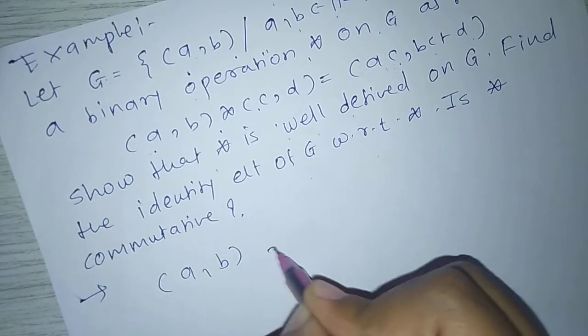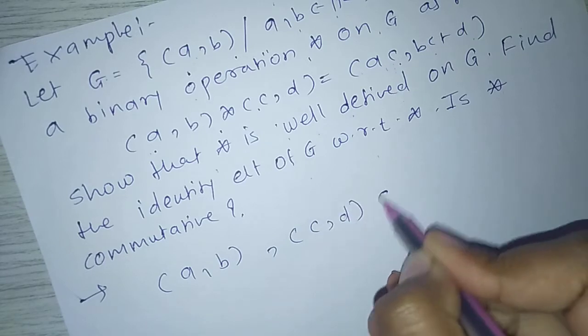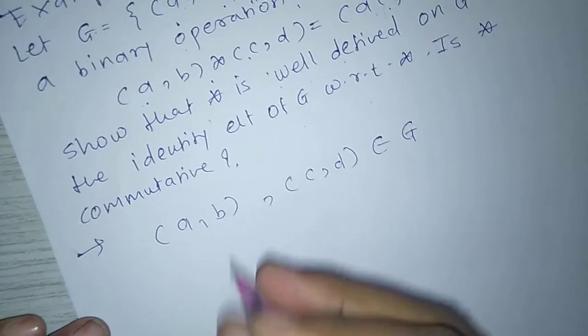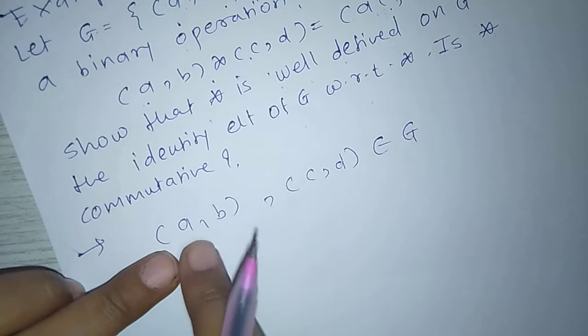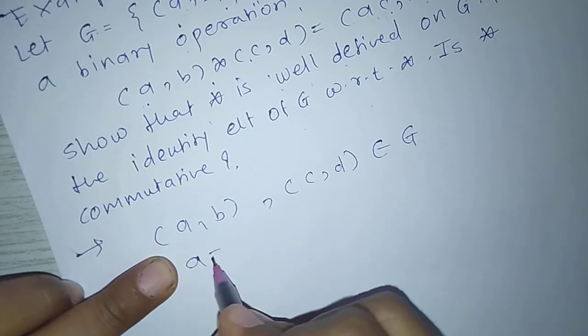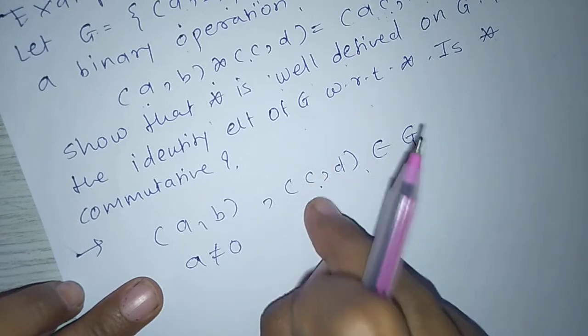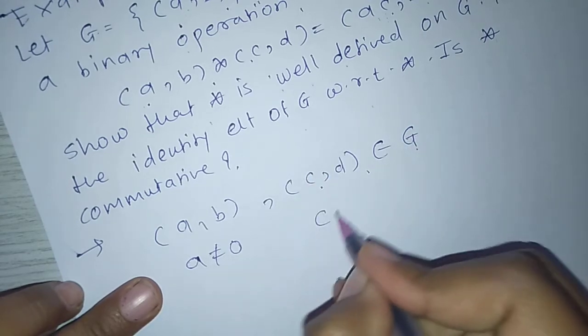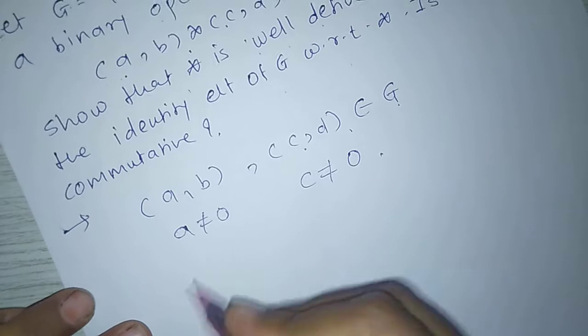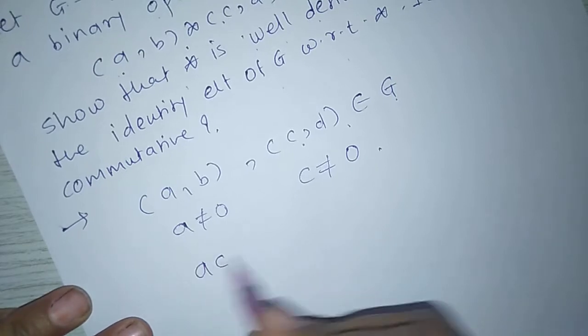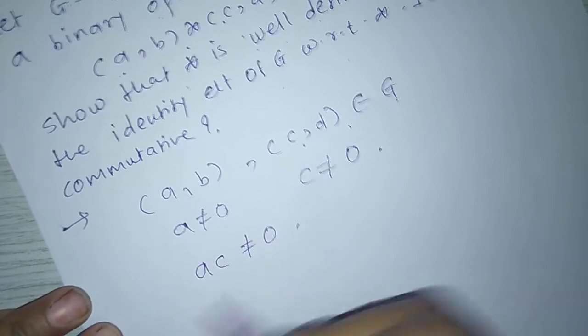(a, b), (c, d) belong to G. (a, b) belongs to G means the first entry of this bracket, a, is not equal to 0, and (c, d) belongs to G means the first entry c is not equal to 0. Therefore, their multiplication a into c is also not equal to 0.